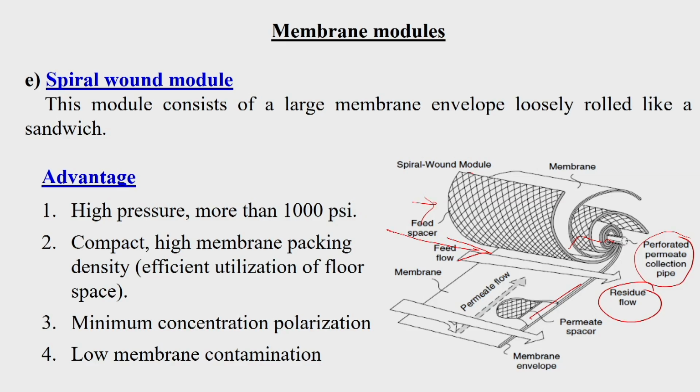This is compact with high membrane packing density. So, we get efficient utilization of floor space, minimum concentration polarization and low membrane contamination, and this spiral wound membrane module is very easy to clean.